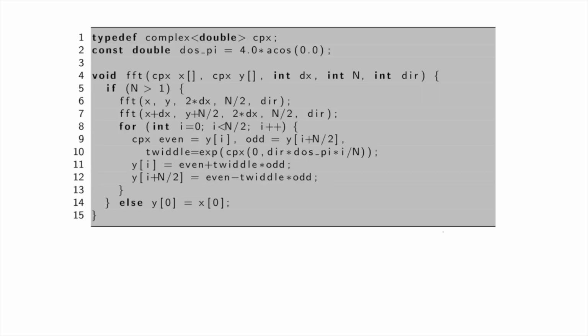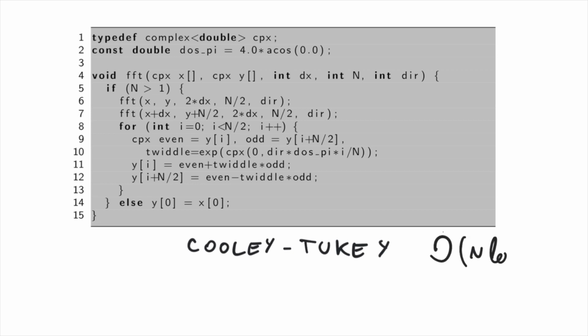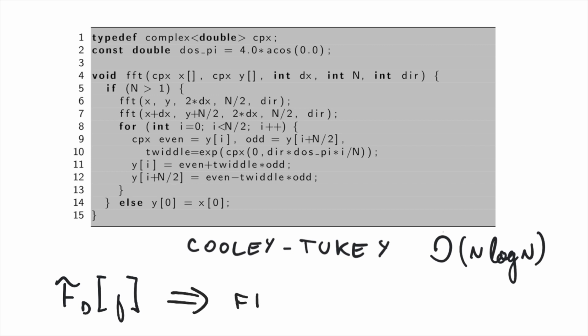What I have described is called the Cooley-Tukey algorithm, and it's an algorithm that is very simple. It allows you to compute fast Fourier transforms in O(n log n). So to compute the discrete transform of some f, you would do FFT of the array where you have your sequence, the array where you want to put the result.